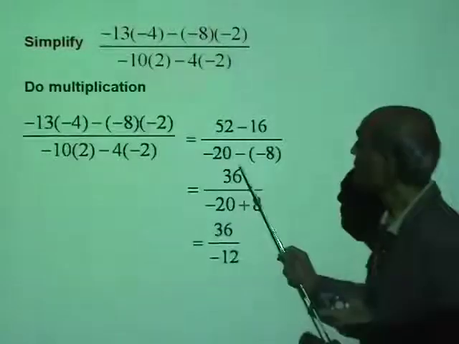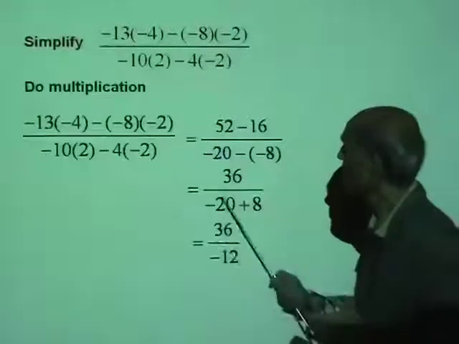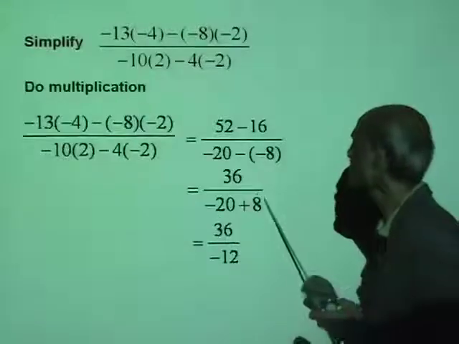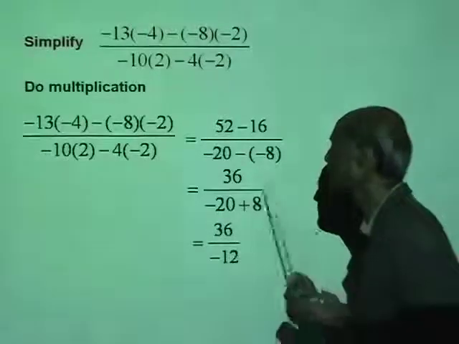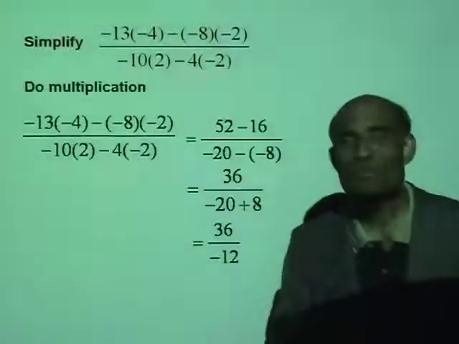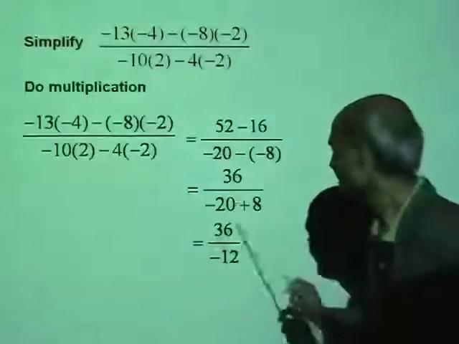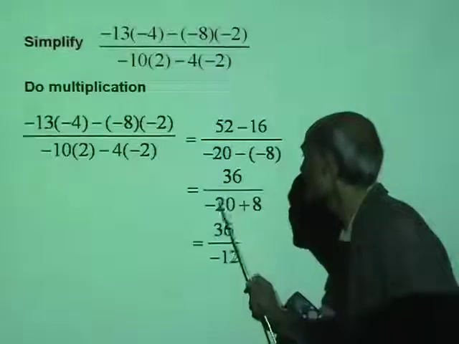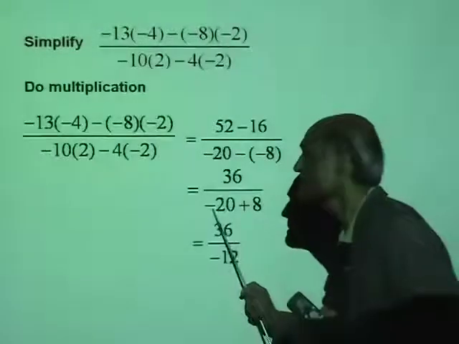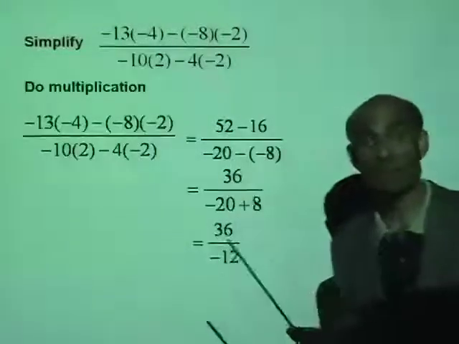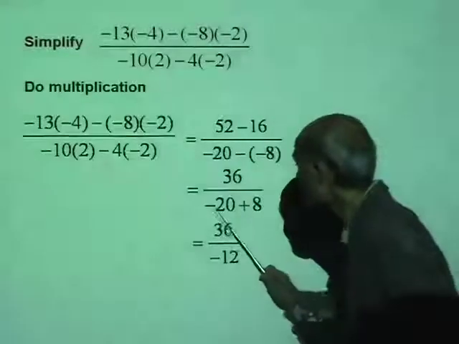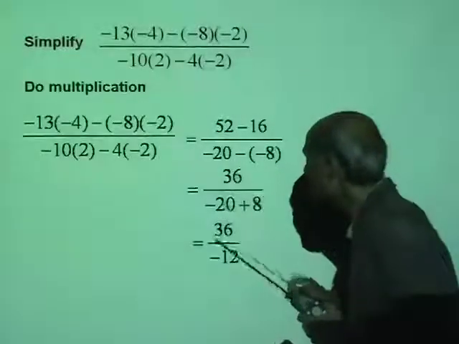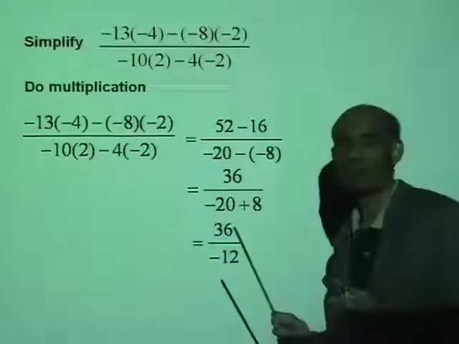And that is 36 divided by, alright, what is negative 20 plus 8? Negative 20 plus 8. Find the difference between the two numbers. That will be 12, and the sign will be the sign of the bigger number. So negative 20 plus 8 will be negative 12.